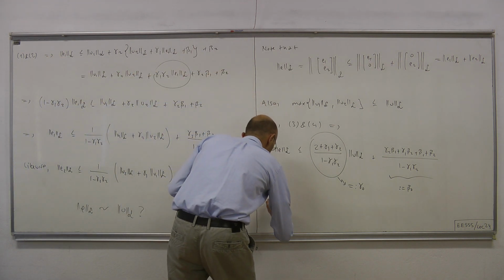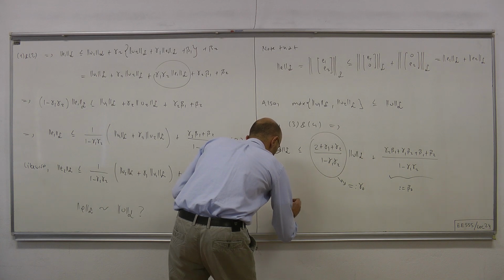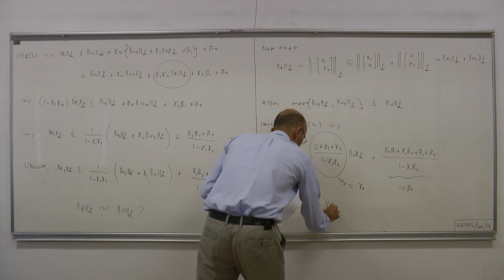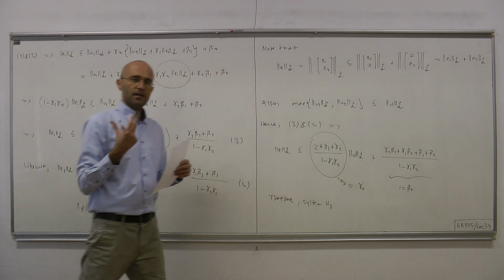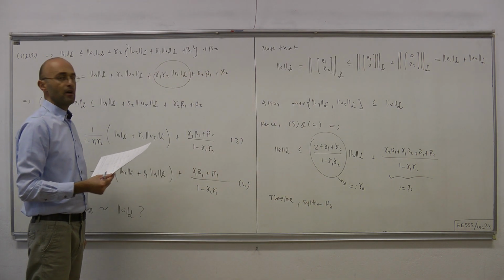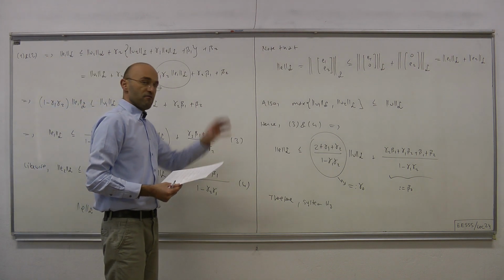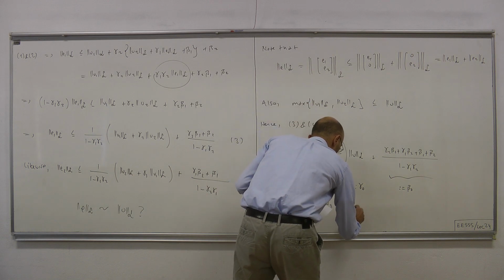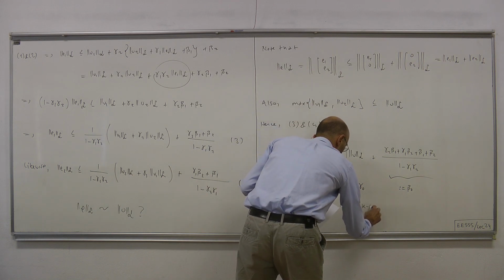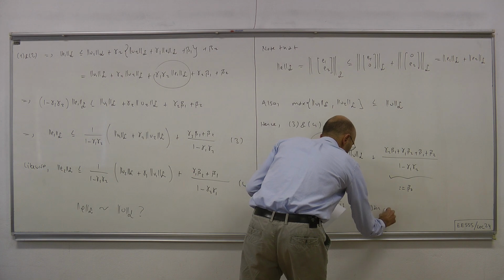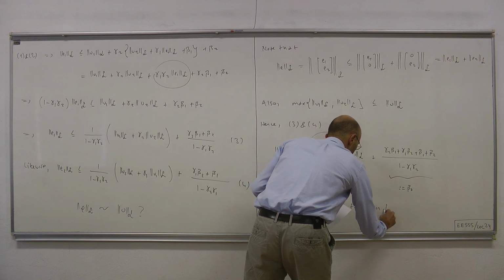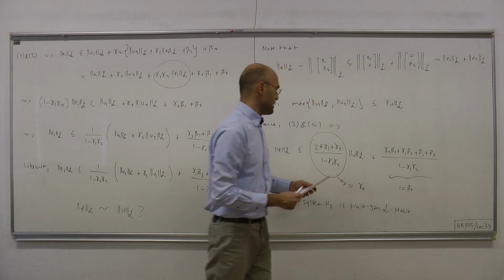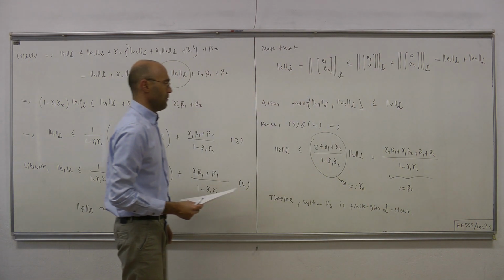Therefore, system H3, the overall system that we obtain by considering the feedback connection as a single system, is finite gain alpha stable, with gain no larger than gamma 0.